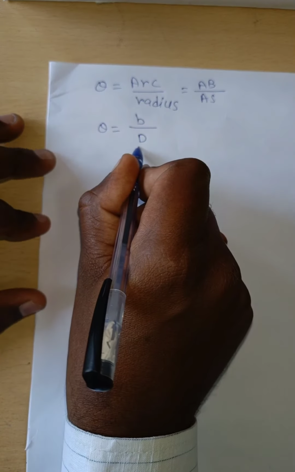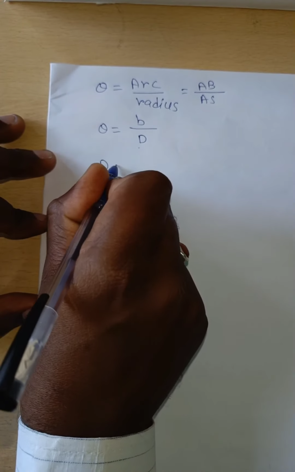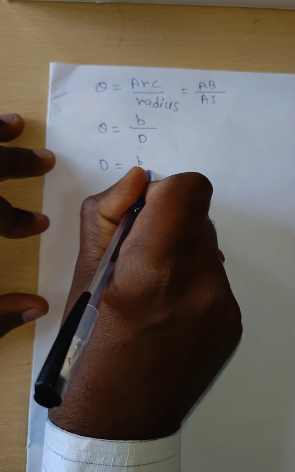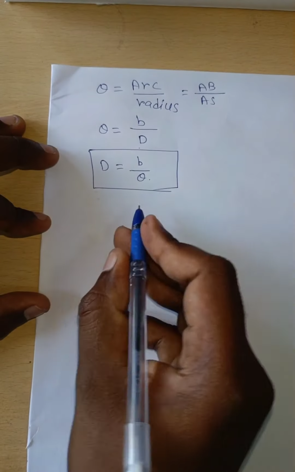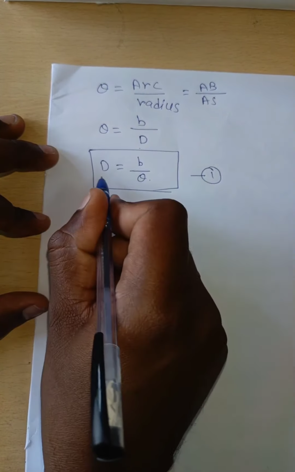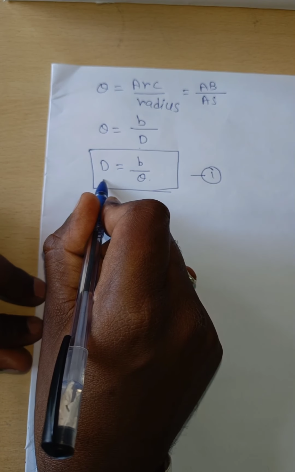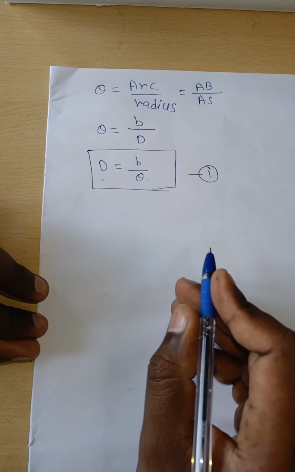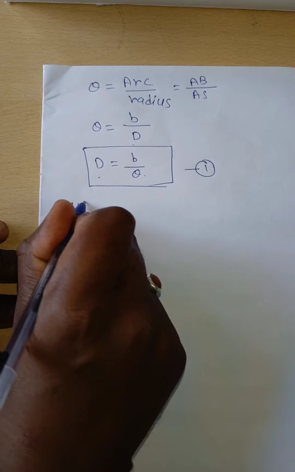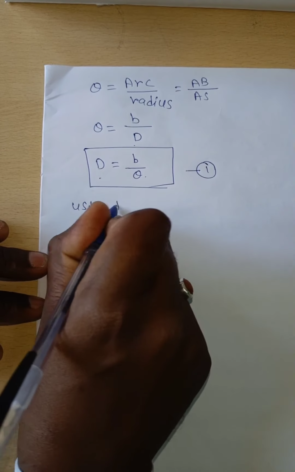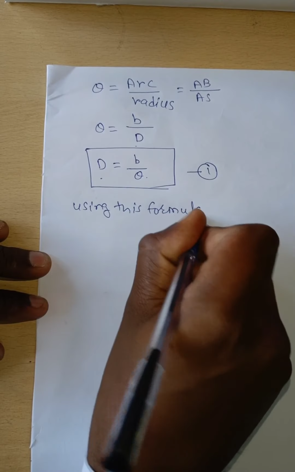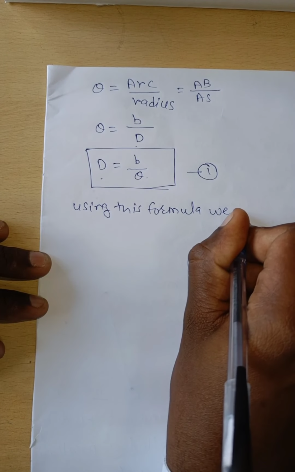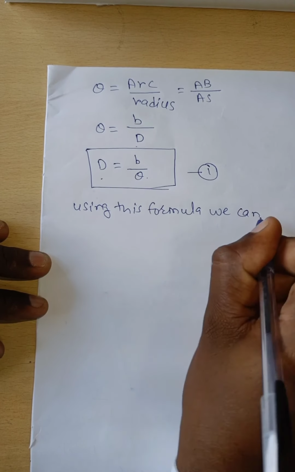From that we can easily find D. Therefore D is equal to b by theta. From this equation we can easily find the distance between the earth and the planet.